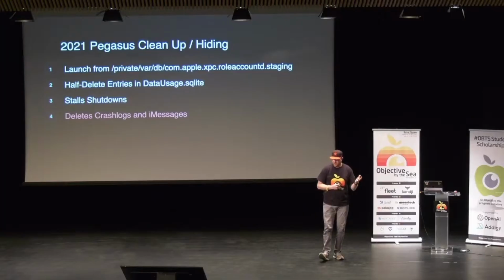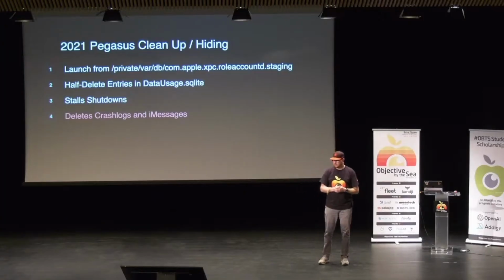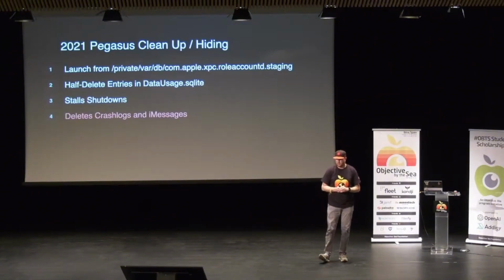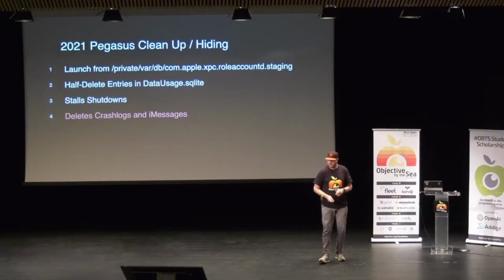They were also stalling shutdowns, and something that we're pretty much disclosing today, which is not necessarily public knowledge before, is that they're also deleting crash logs and iMessages on the device pretty aggressively.